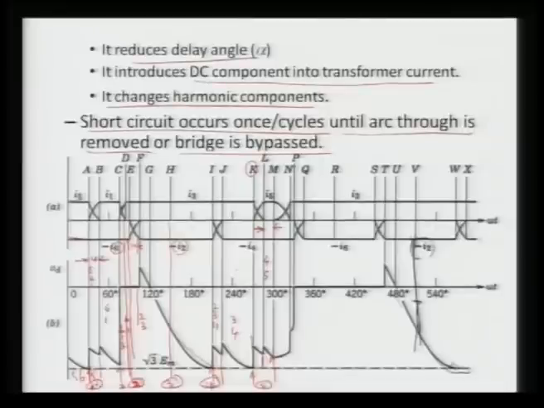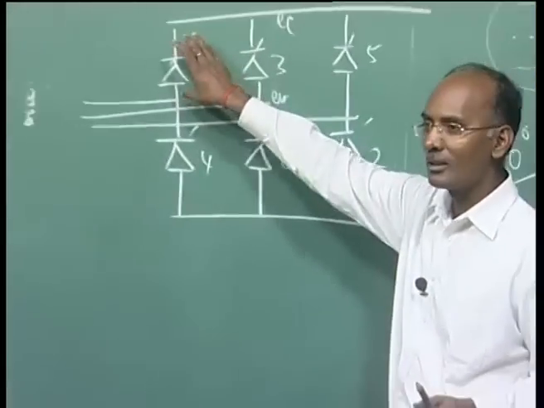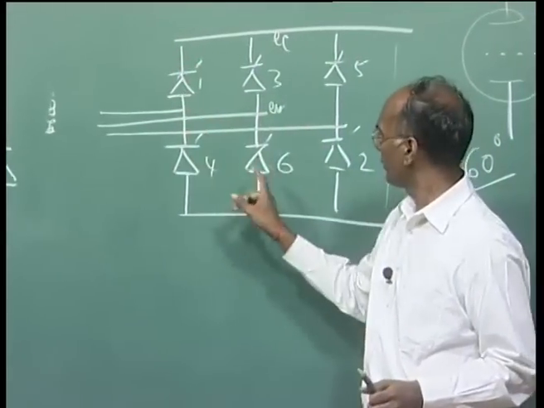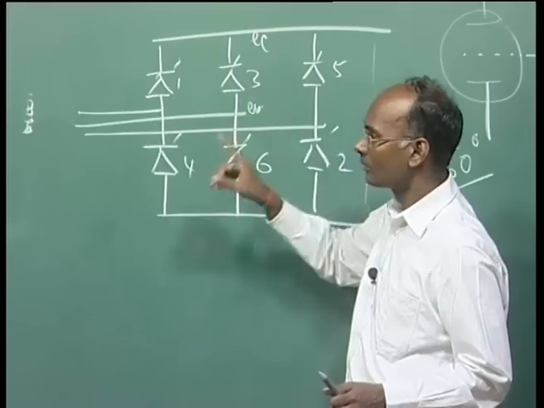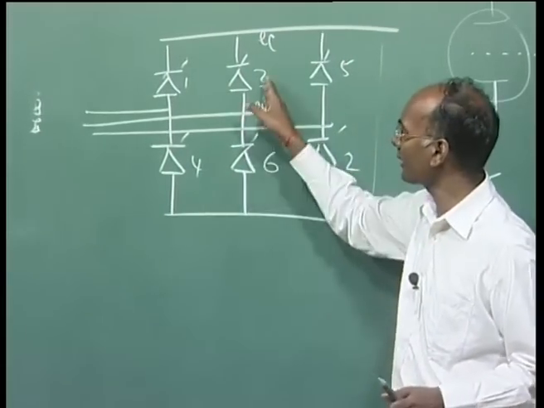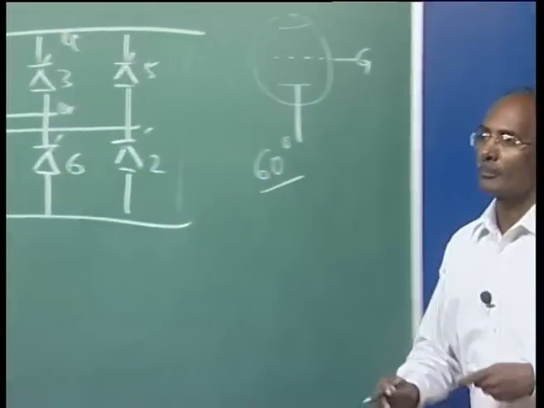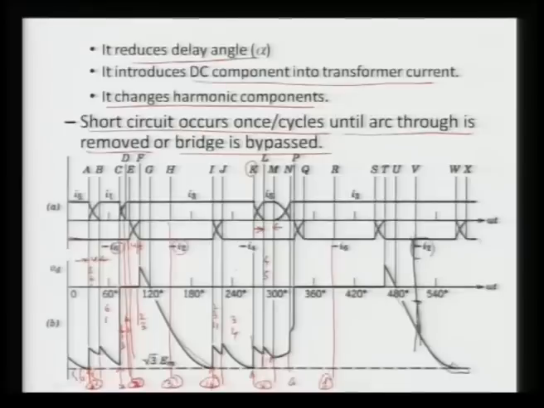Here we are giving gate pulse 1 again, but at this point if you check the voltage across this, because this is the case where 3 and 6 are conducting, the voltage will not be positive. Even though you are giving the gate pulse, your 3 will continue. So 3 and 6 are conducting.